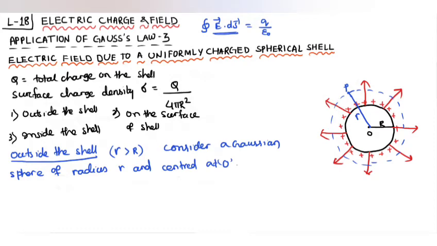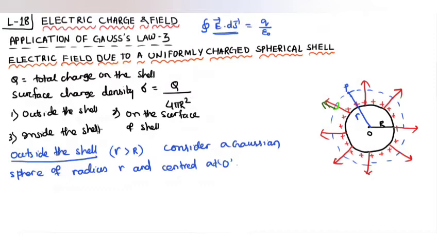So let me choose a small element somewhere here, then the area vector will be given by the outward drawn normal, like this. And remember that if you have a sphere, then the radius of the sphere intersects its surface perpendicularly.